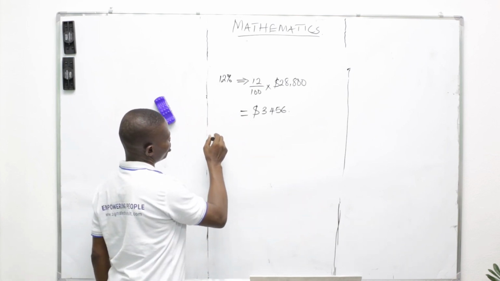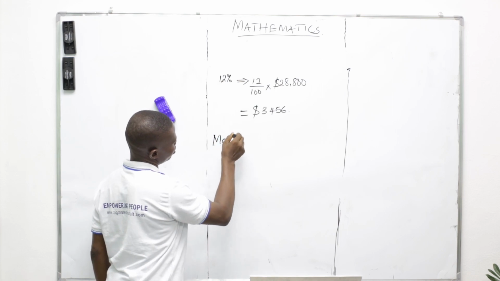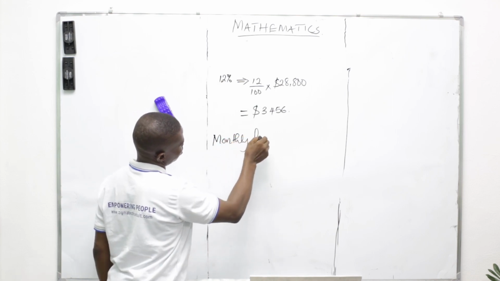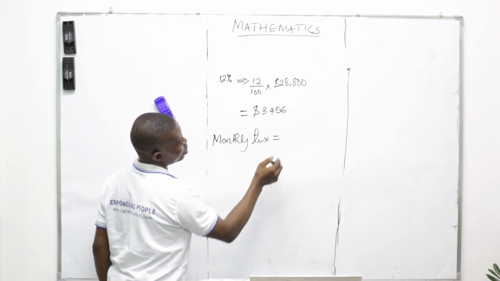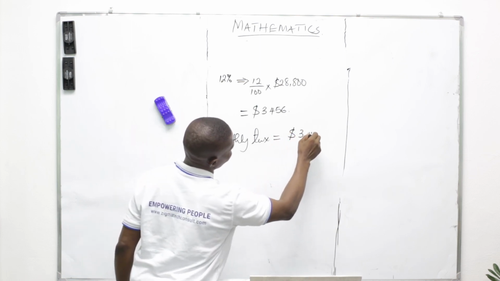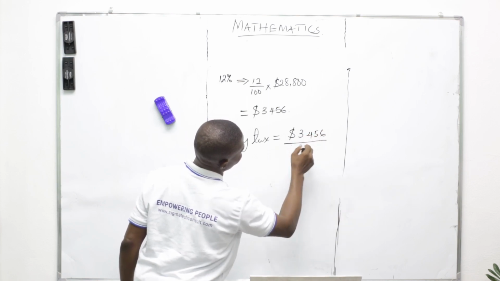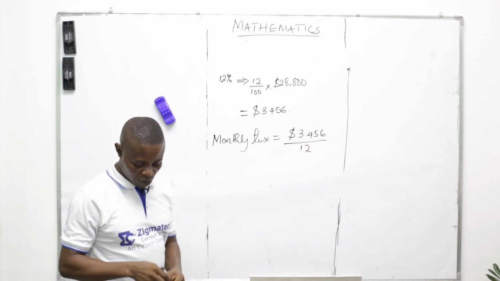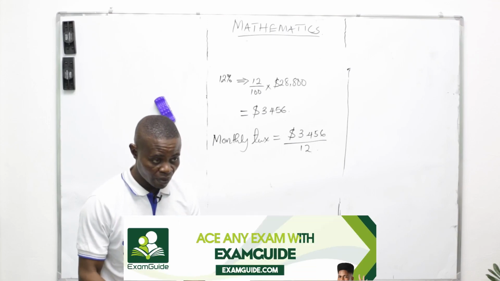So monthly tax here equals $3,456 divided by what? 12. Let's punch. Divided by 12.